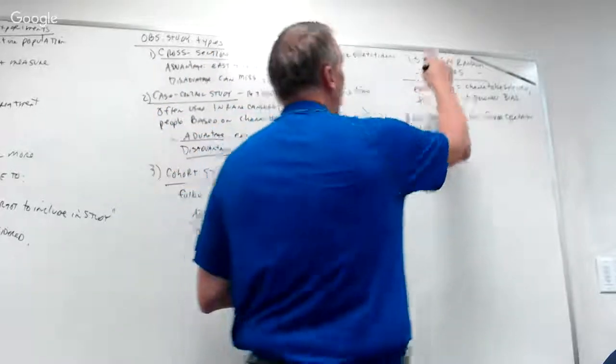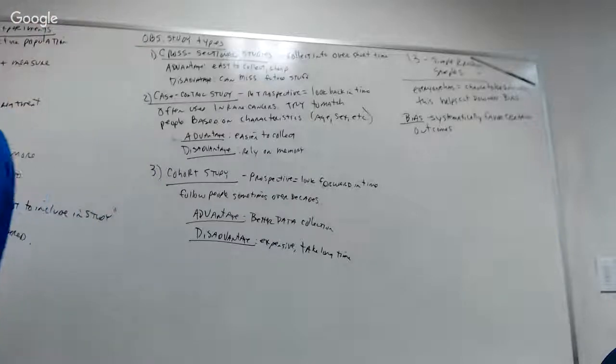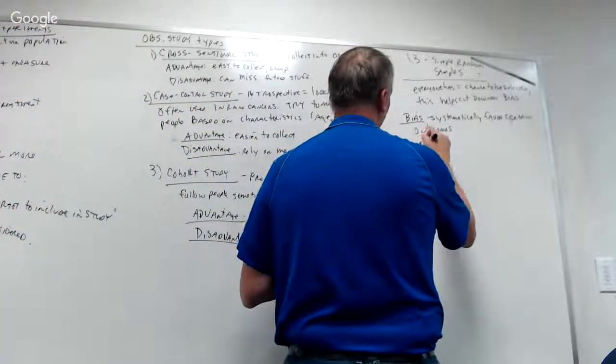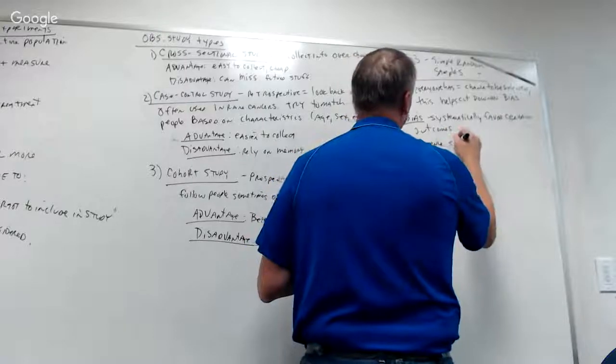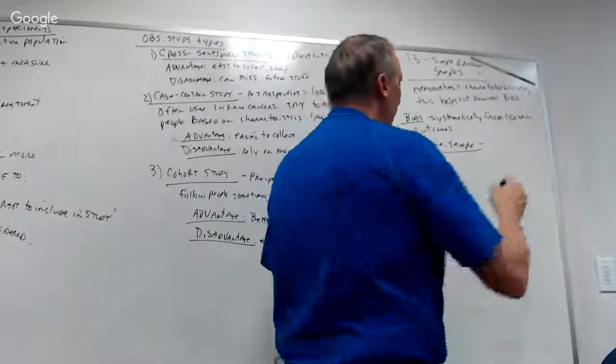So the idea is if you can do a simple random sample, hopefully you will pick everybody, or everybody has an equal chance to be picked, okay? We've also got convenience samples. Just like that is, they are easy to reach.